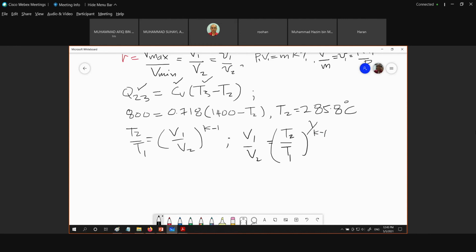No, we cannot use degree C. We can only use degree C if we are involving a temperature difference. Here we must use Kelvin. This is also in Kelvin. So please get the value of V1 over V2.